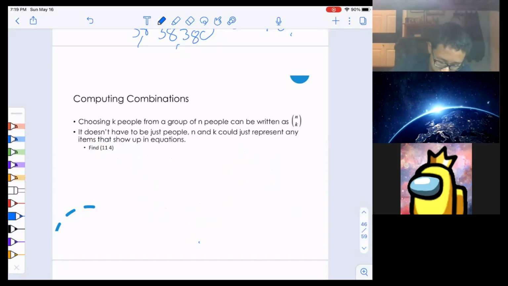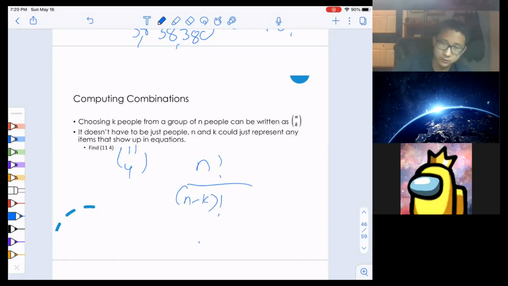Since 11 is n here, we're going to write it as n factorial, and we're also going to divide it by the factorial of n minus k.